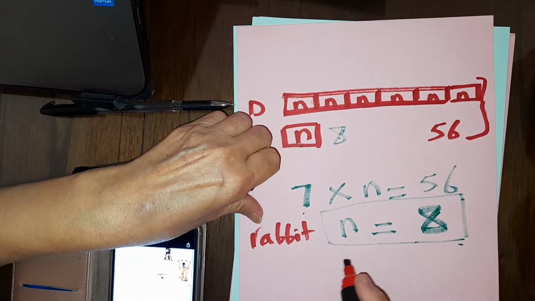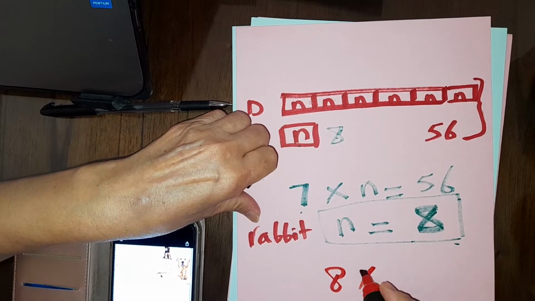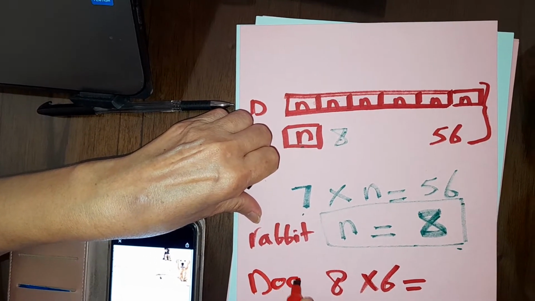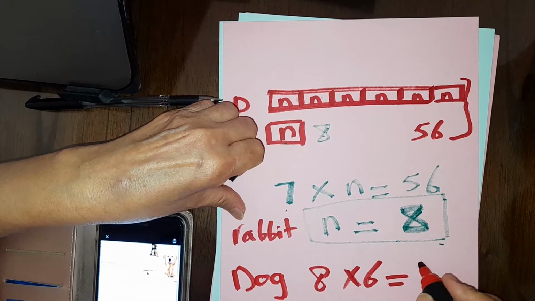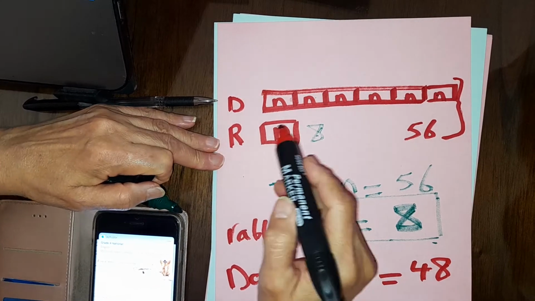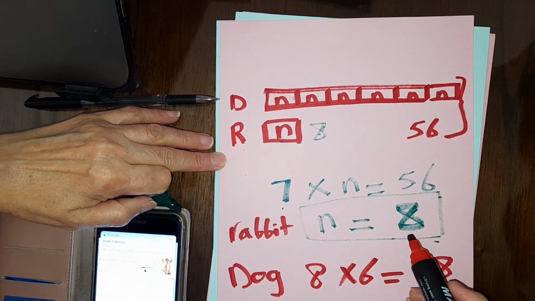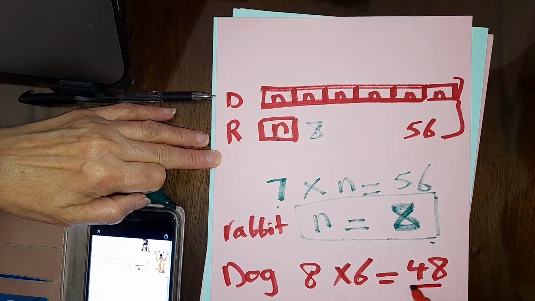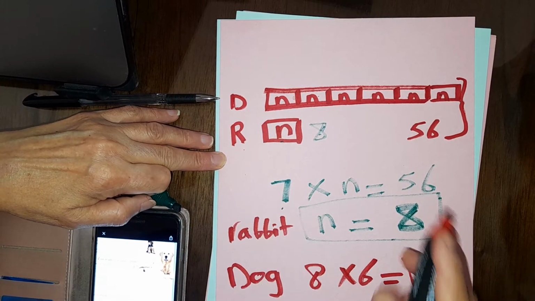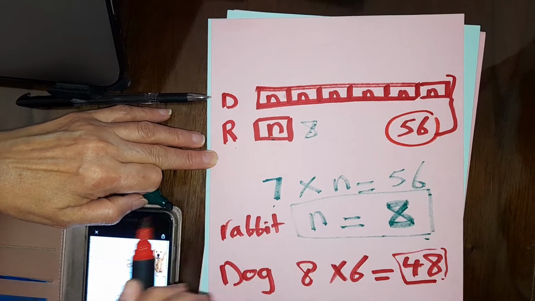You will say 8 times 6. This is for the dog, the weight of the dog. 8 times 6 is 48 pounds. So the rabbit is 8 pounds and the dog is 48 pounds. Together, if you add the two numbers, you will get 56.